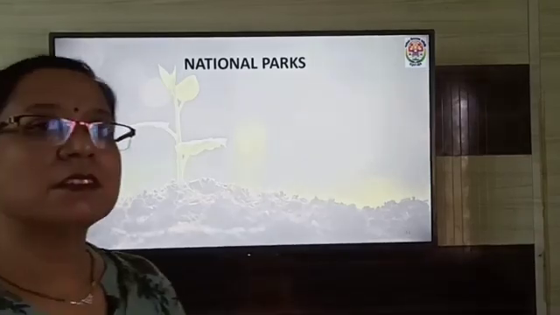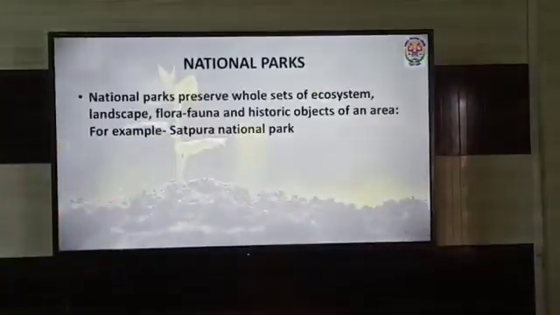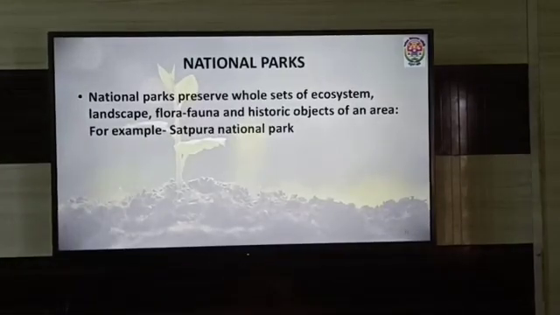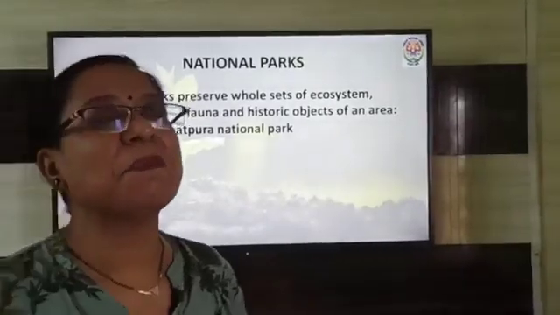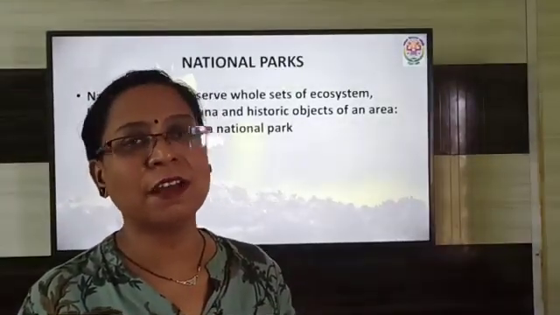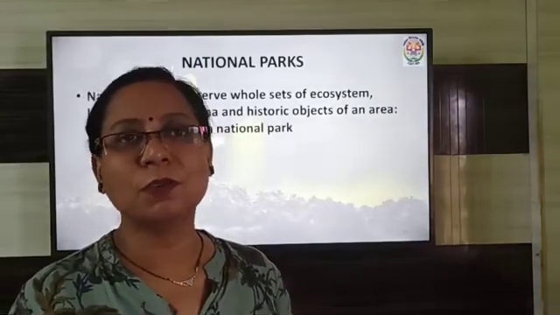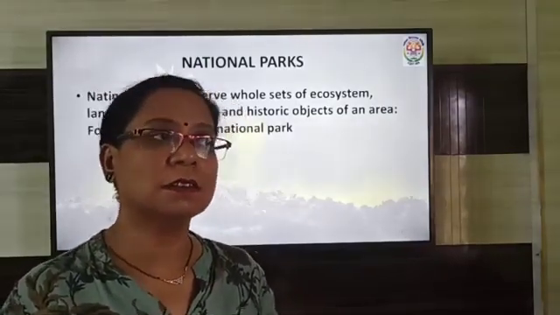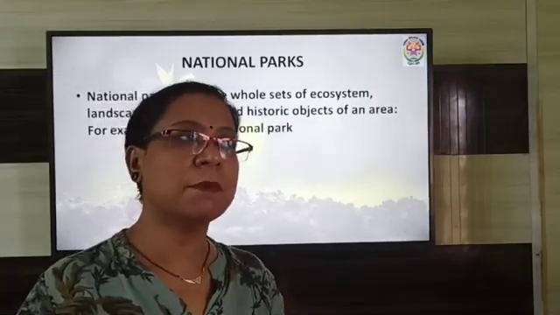Now, next is National Park. National parks preserve whole sets of ecosystem, landscape, flora, fauna and historic objects of an area. This is a little bit larger than the sanctuaries. It is a larger area and it protects the entire ecosystem. Ecosystem means the plants and the surroundings and the interaction between them.